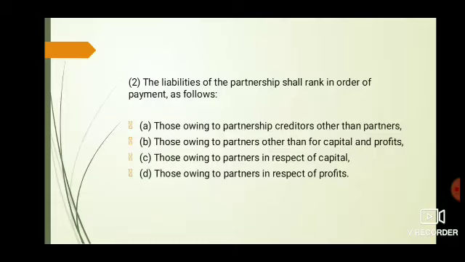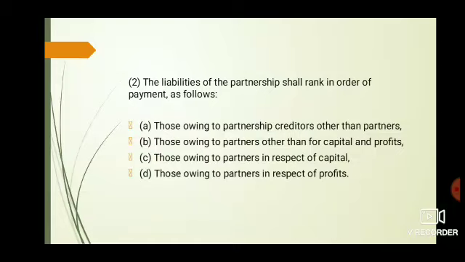So, example, A, B, and C form a partnership with an agreement of equal profit sharing. Their contributions were 100,000, 200,000, and 300,000 respectively.